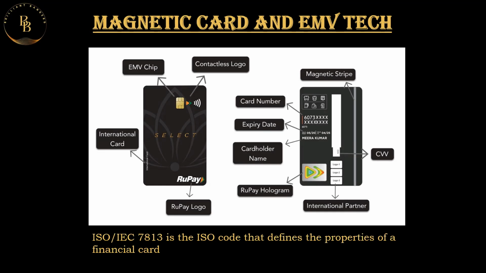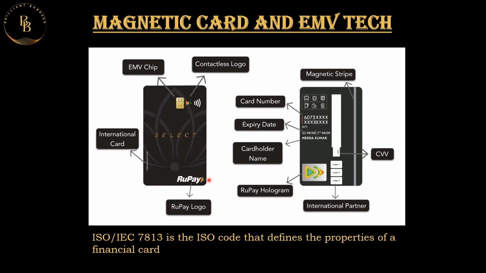Coming to the front part, you do have an EMV chip. You also have a contactless logo which can be used as a card for no contact payment. You have an indication whether it's a domestic card or an international card. You have the card holder logo.